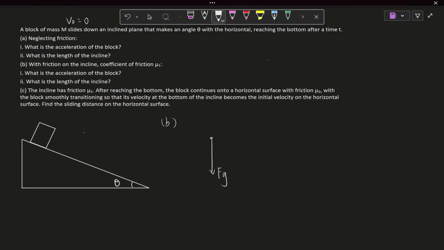And also, there's definitely a normal force that acts on it that is perpendicular to the surface, right? So this is the normal force, Fn. However, right now we have a friction force, so we cannot neglect it. So this is your friction force, Ff.